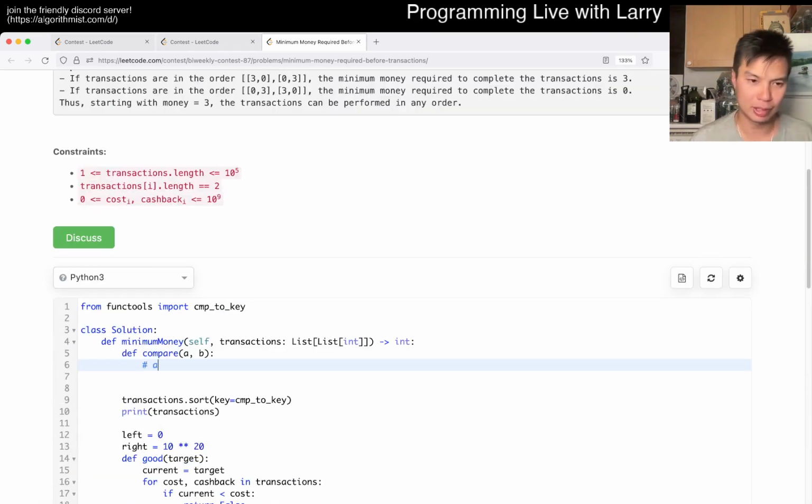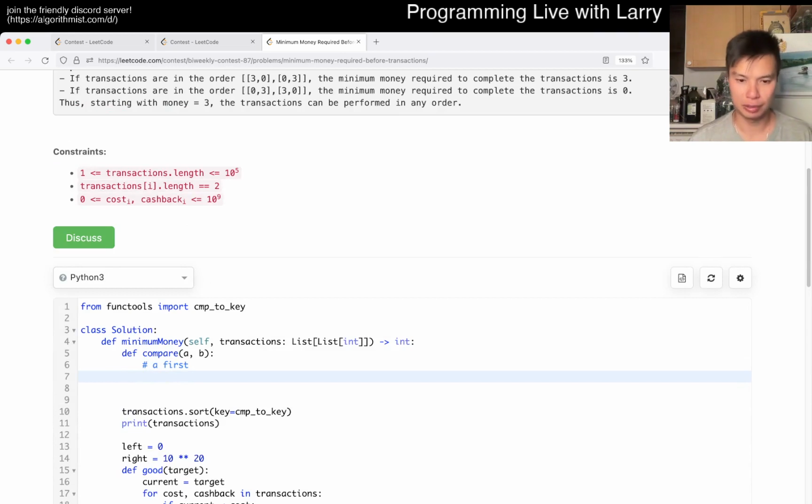Okay, A, let's just write it out. A first. So then here we have the needed is equal to A sub 0 first, and then either that, or you have A sub 0. Let's say you start with 0 money.